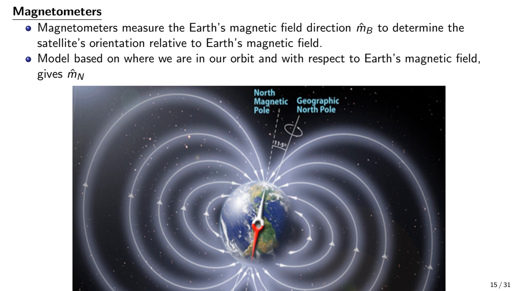If you go on the PDF, it should play a video where you have the poles rotating, and you'll be able to see that your north magnetic pole is not actually exactly where we think it is on the compass. You have a variation of about 11.5 degrees between the north magnetic pole and your geographic north pole. So all of that you need to take into consideration when you're taking your measurements.